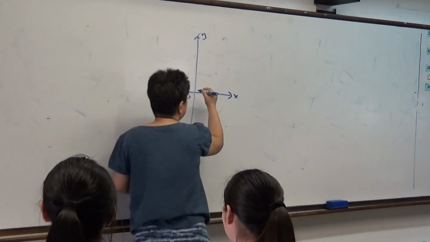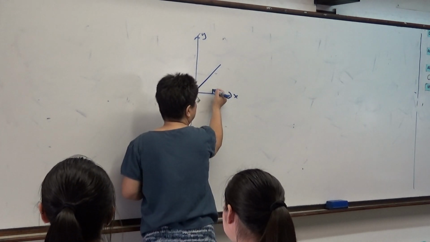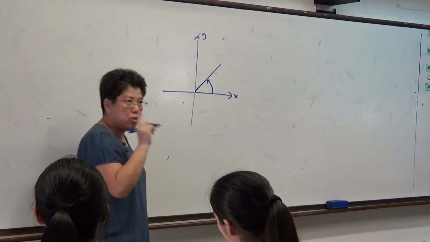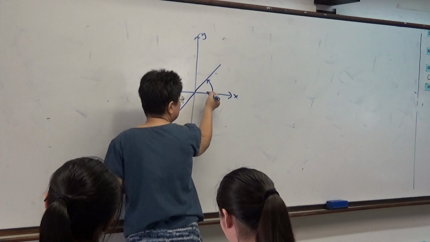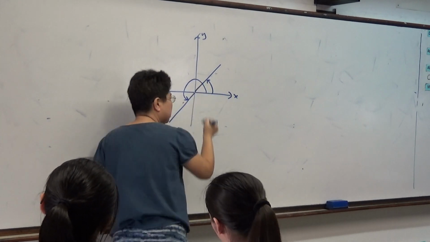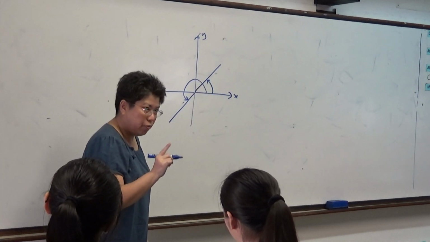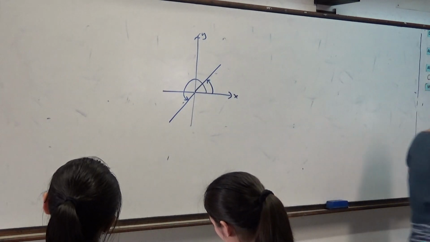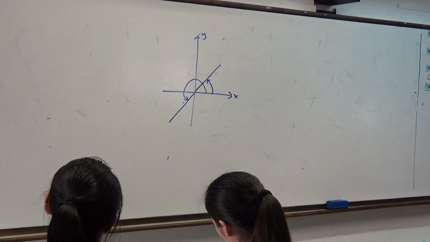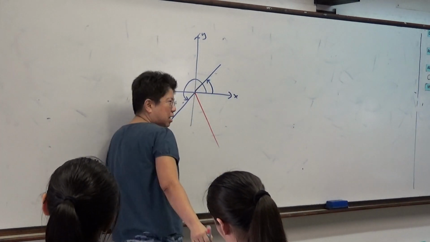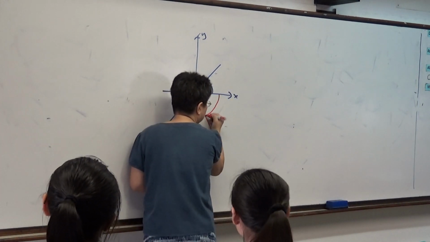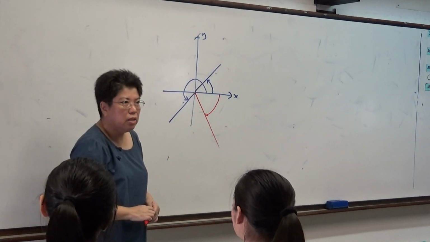Okay. Now, if the angle is here and I measure from here up, the angle is positive. For example, if I have a line here, that means it's from here all the way here. The angle is still positive. Okay. Now, when do we get a negative angle? I think I told you before. If I have a line here and I measure from here to here, this will be a negative angle.